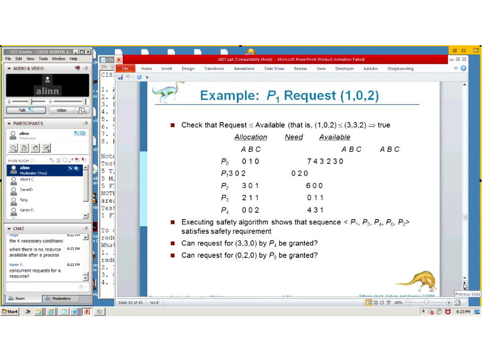How often is this sucker going to run? I mean, how often do programs request resources? All the time. All kinds of resources. So it's going to be running quite often.